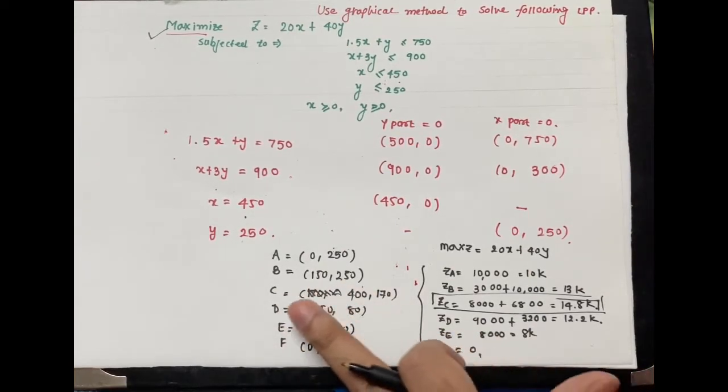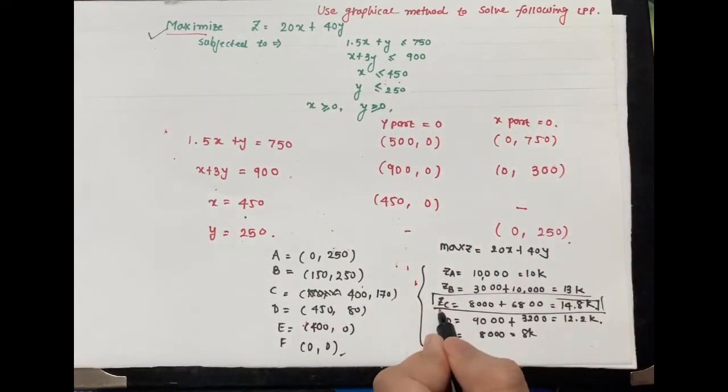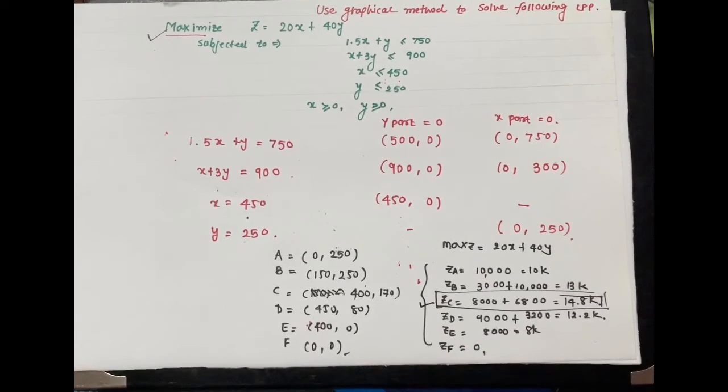This combination satisfies all these constraint equations, and it gives me the highest value. Hence, X and Y values should be selected as 400 and 170, and correspondingly the maximum profit is 14,800.